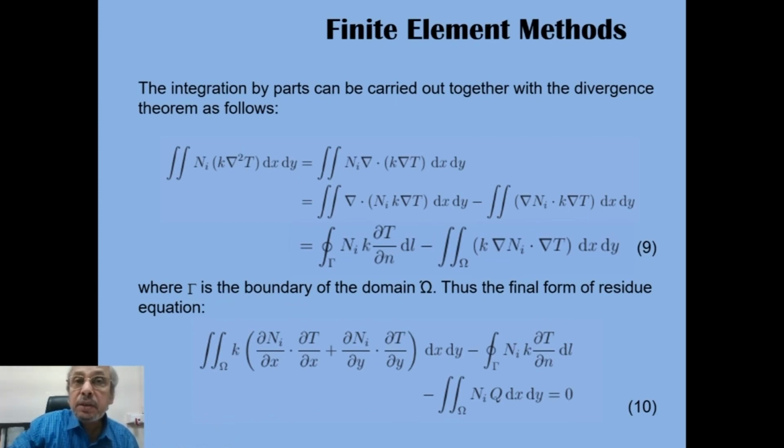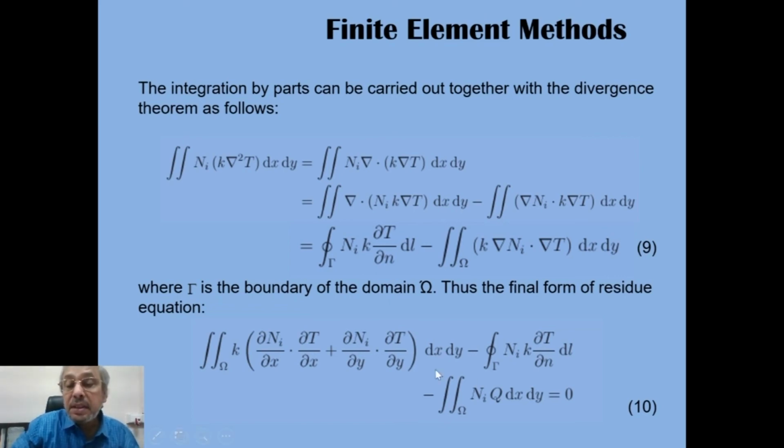So in addition to the boundary where temperature is known, that is the Dirichlet condition, that is not a problem. Whenever temperature at the boundary has to be defined, we will directly substitute the specified temperature at the boundary.